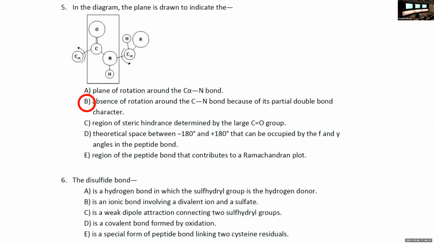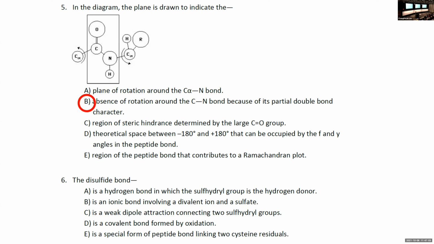So the purpose of highlighting that region is because we want to tell that that's the fixed region, which is conferred by the pi orbital, where the double bond between the carbon and oxygen is sort of migrating towards the peptide bond right here, and forms electron clouds on top and bottom of that plane. Does that make sense?